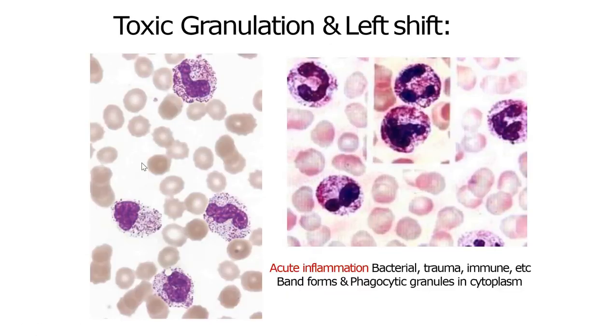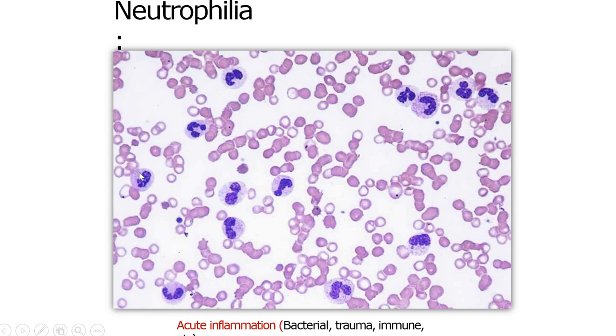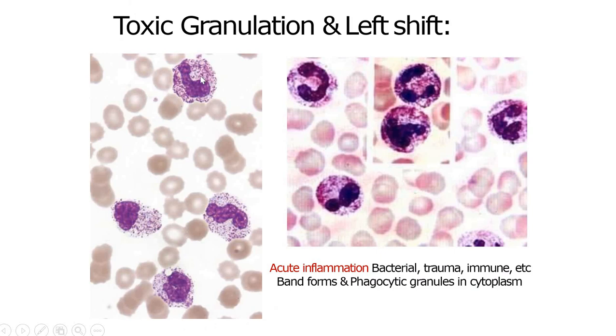And here we can see the toxic granulation and left shift, which again says that there is some amount of infection or inflammation going on, because these granules, can you see this? If you see the previous slide, they were light mauve colored granules. But here you can see they are really toxic.